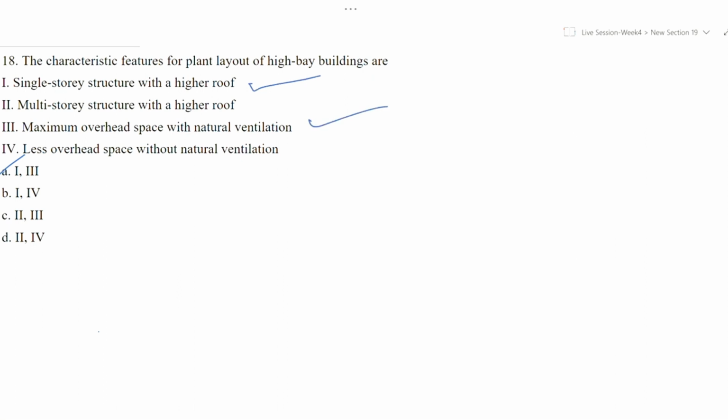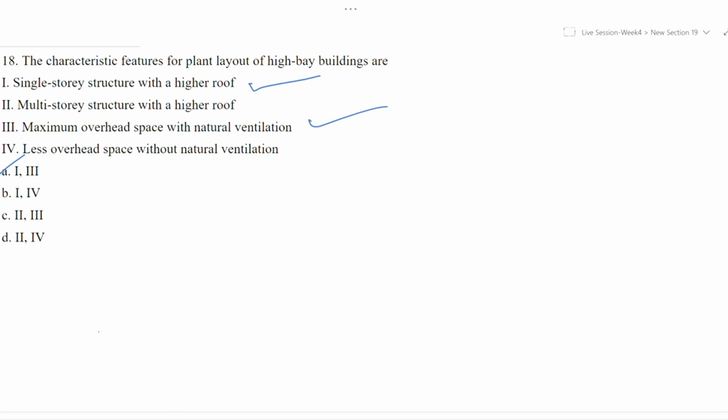So in case of high bay building, it is a single-story structure. Very long roof is available, say more than 10 meters, so it provides maximum overhead space, and for use of cranes, overhead facilities, it provides very good ventilation and natural lighting. So when heavy structures need to be moved or used in the building, a lot of overhead space is needed for efficient material handling, and in these conditions the high bay buildings are found to be useful.